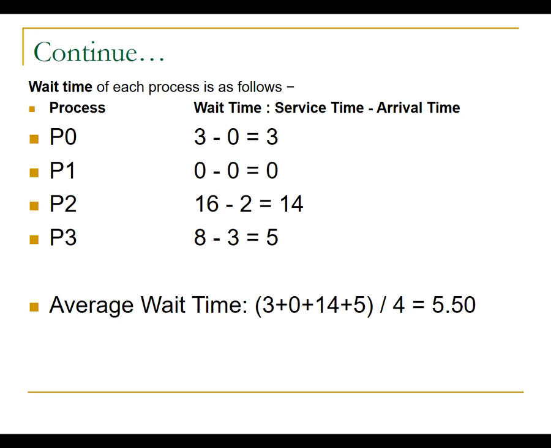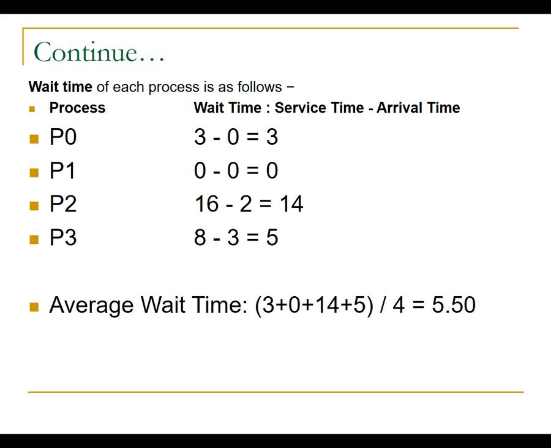P0 is equal to 3 minus 0, where 3 is the service time and 0 is the arrival time. By deducting 3 minus 0, we get the calculation of waiting time. The same is followed for P1, P2 and P3.